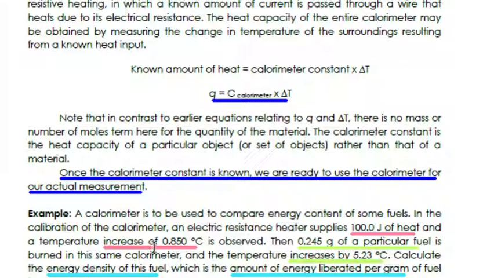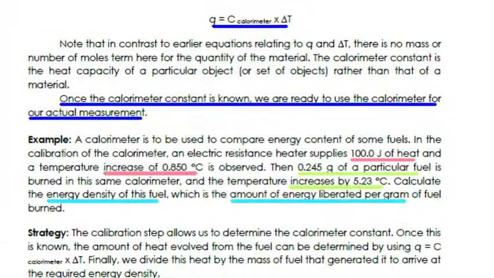We are to calibrate the calorimeter for us to know the value for the C. We derive the C by dividing both sides by delta T. So we have a working formula of C is equal to heat divided by delta T. Substitute the values given, which is 100 joules of heat and an increase of 0.85 degrees Celsius.